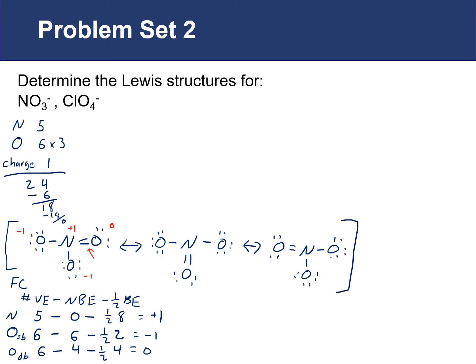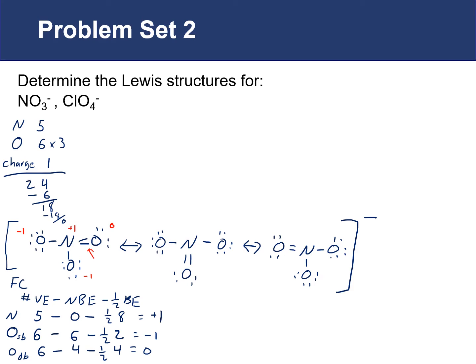Each one of these is a correct Lewis-Dot structure, and we actually need all of them to have the overall correct Lewis-Dot structure. We need to show that the actual structure is a resonant hybrid of these three structures. Because there is an overall negative charge on this molecule, we need to put a negative in the upper right.